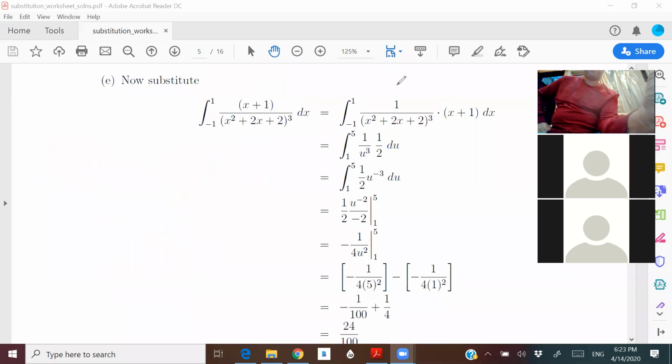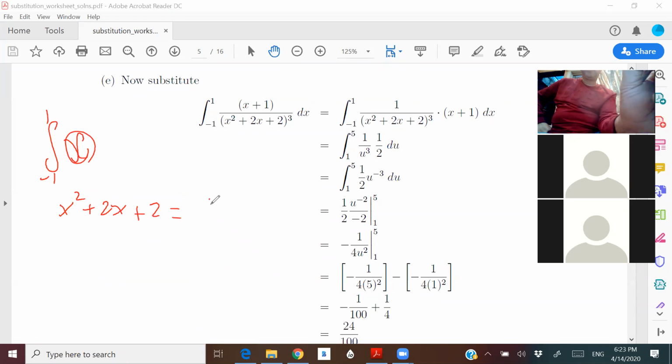As you see here, I think I'm going to teach it for the first time. x started from -1 to 1, right? Don't forget that x squared plus 2x plus 2 becomes u. So we have two situations. If x is -1, u becomes what? If x equals 1, u becomes what?